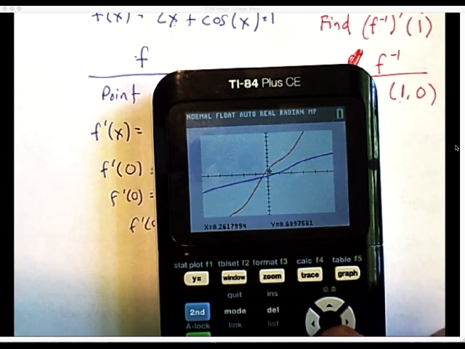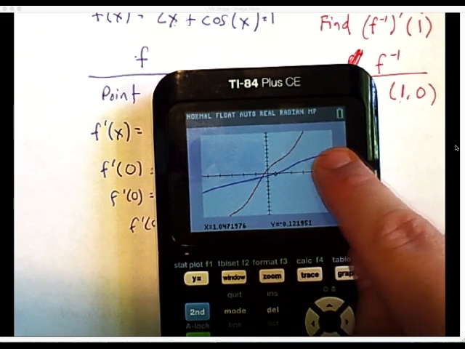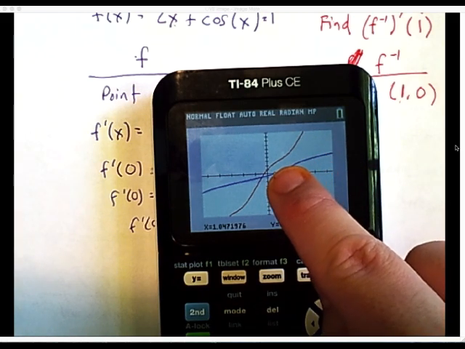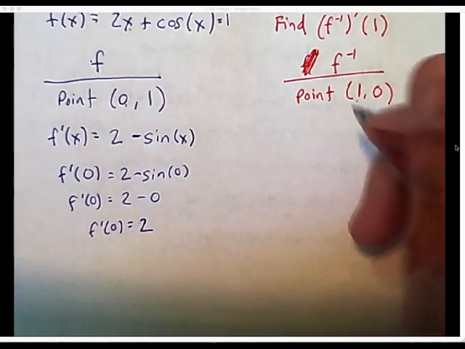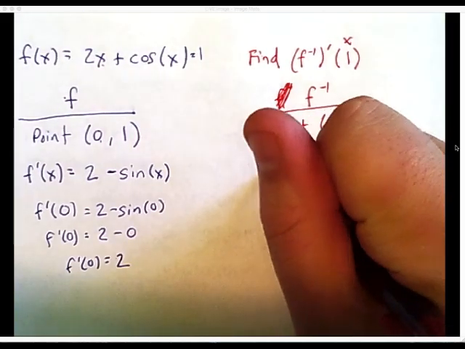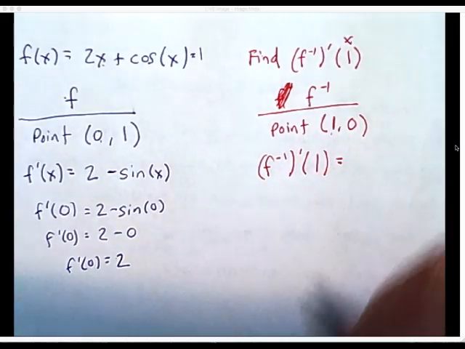Okay, but what I really want to find is on this one right here, I want to find what the slope of the tangent line to this blue curve is. So what I'm trying to find is the derivative of the inverse at 1.